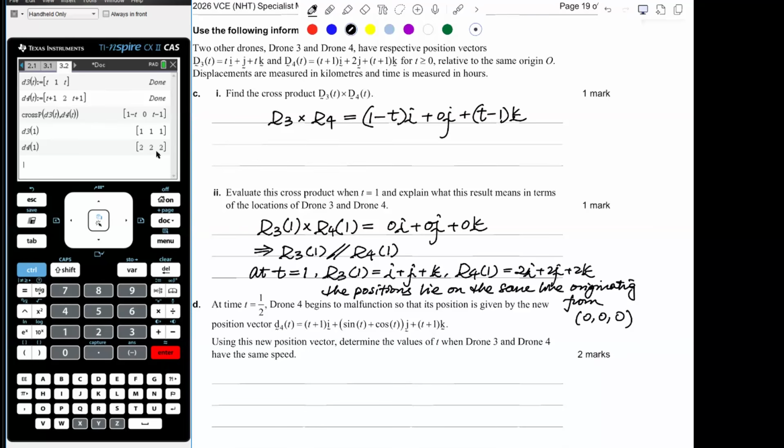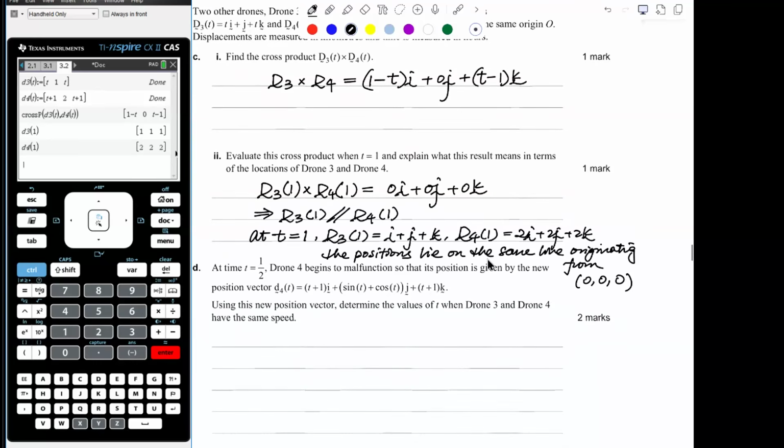Okay? So you can see the ratio 1, 1, 1, 2, 2, 2. And you can get a line from the origin. Okay? Because the question wanted you to explain what this result means in terms of the locations of drone 3 and drone 4.